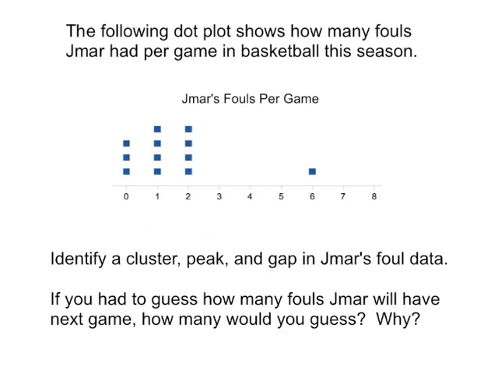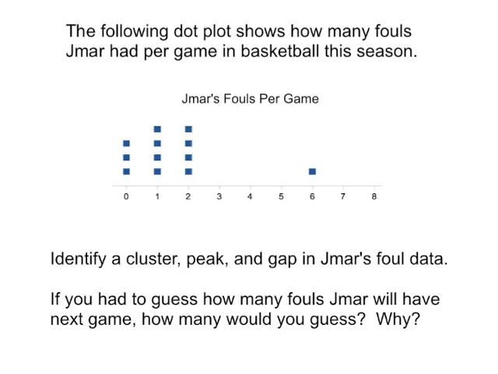Alright, the following dot plot shows how many fouls Jamar had per game in basketball this season. Identify a cluster, peak, and gap in Jamar's foul data. So why don't you give that a shot. Pause the video, see if you can find them.